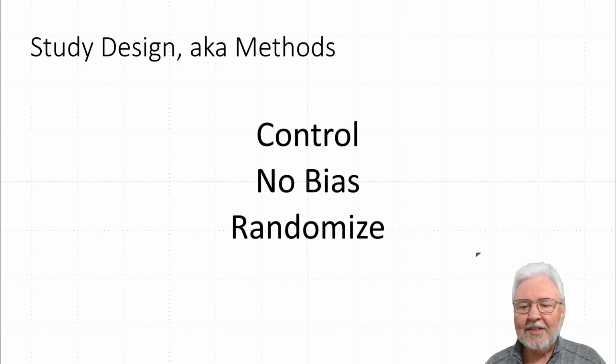Now you go to the methods section and you look at control, bias, and randomize. You make sure that there's a control group, that they have at least controlled their bias. No bias is pretty high. And then you favor those studies and give the most weight to those.